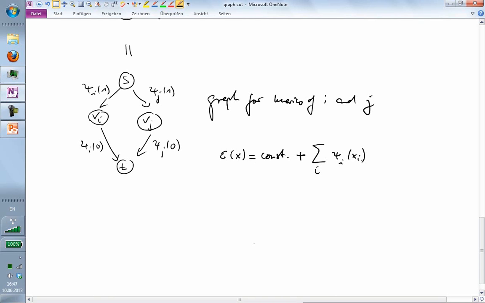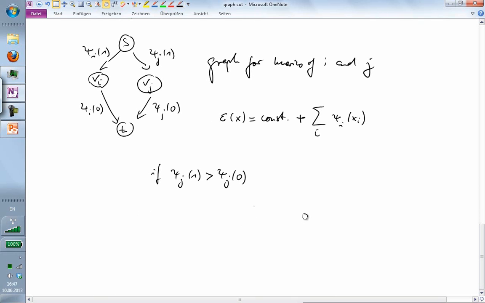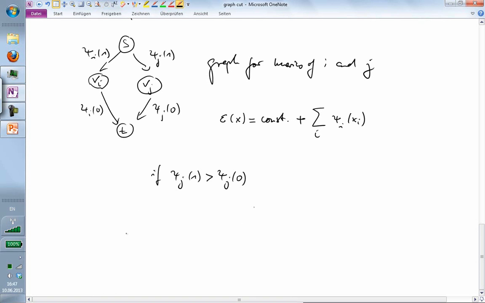And if, for example, let's say psi j of 1 is larger than psi j of 0, then I can subtract this quantity from both involved edges and obtain a graph with updated capacities.